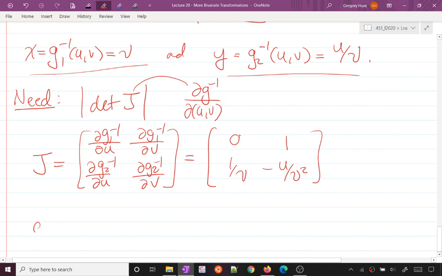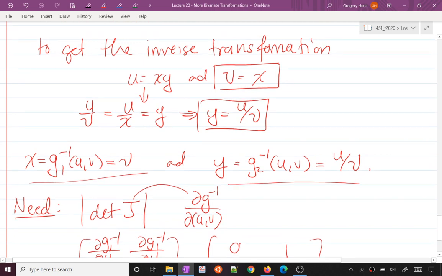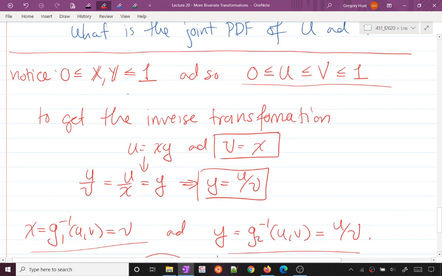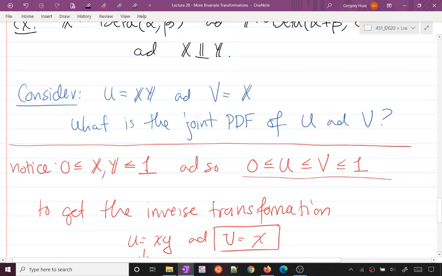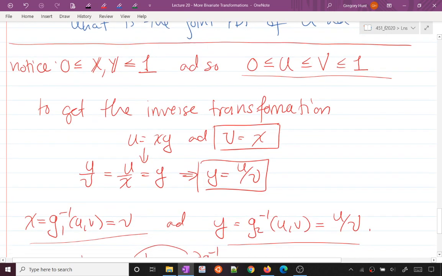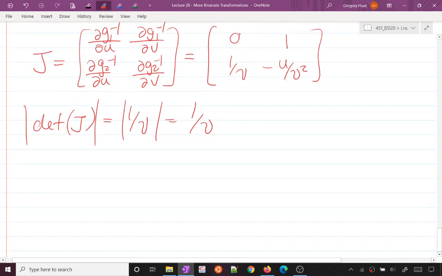And so if I look at the determinant of this Jacobian matrix, it should just give me 1 over v, and the absolute value of the determinant is also just 1 over v, because v is positive. V is just x, and x is a beta, so it's positive, so the absolute value is also positive. So that's half the battle there.